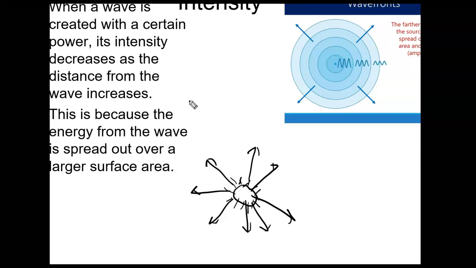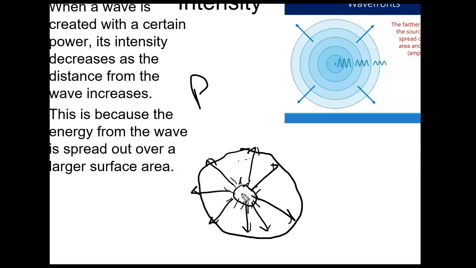The light bulb puts out an energy per second that is P. Okay, that's its power. If you get a 100-watt light bulb, it's putting out 100 joules per second. Now, if I imagine a sphere surrounding my light bulb, it looks like a circle, but you have to think in 3 dimensions.